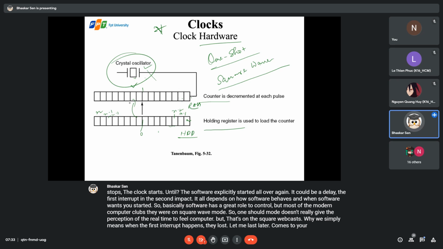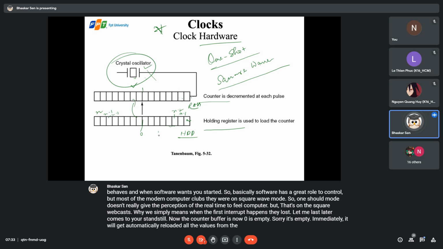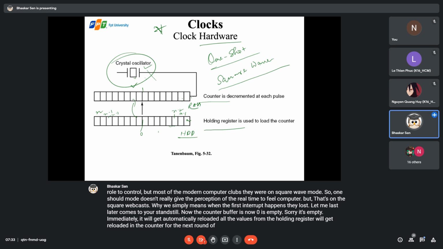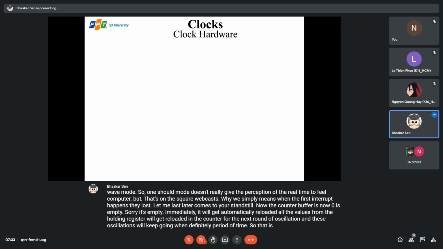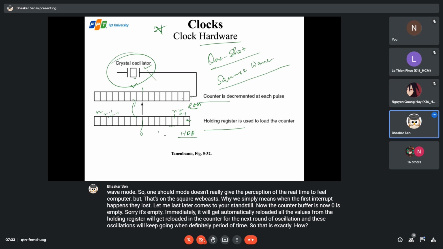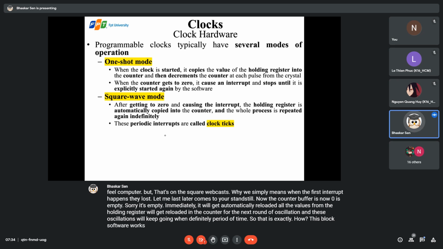Now the counter buffer is empty. Immediately, it will get automatically reloaded. All the values from the holding register will get reloaded in the counter for the next round of oscillation. And these oscillations will keep going for an indefinite period of time. That is exactly how the clock hardware works.